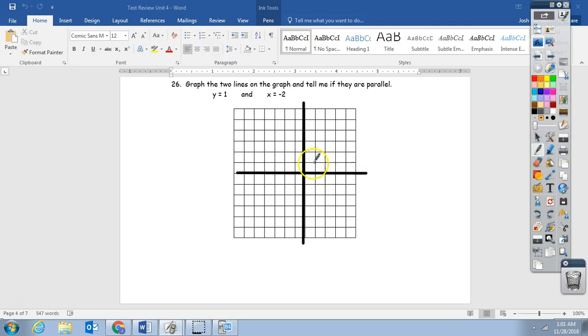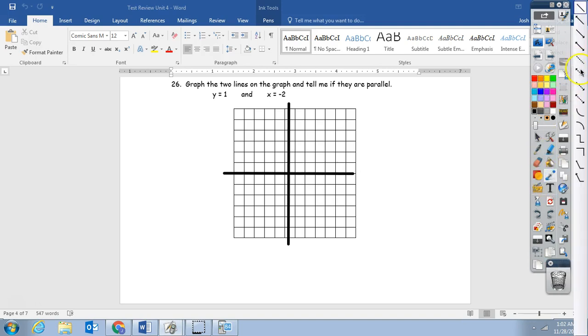So you go up to 1, and graph a horizontal line at 1.